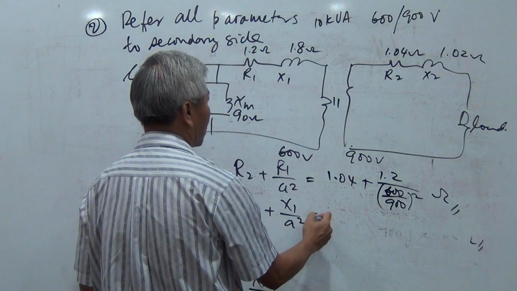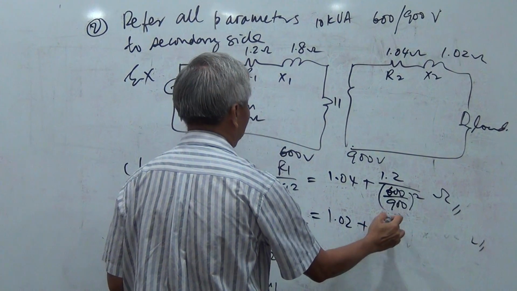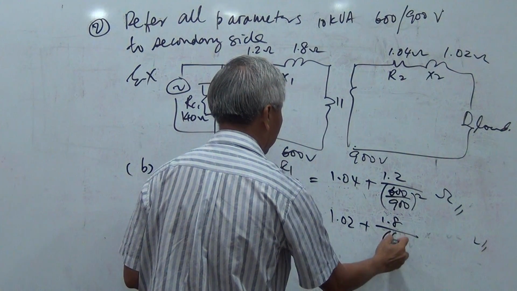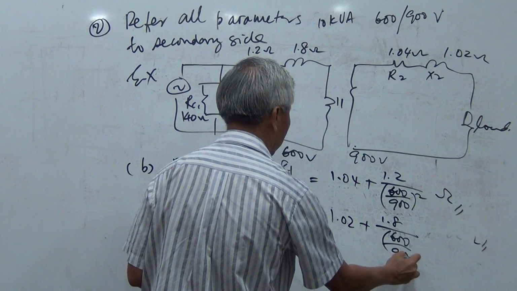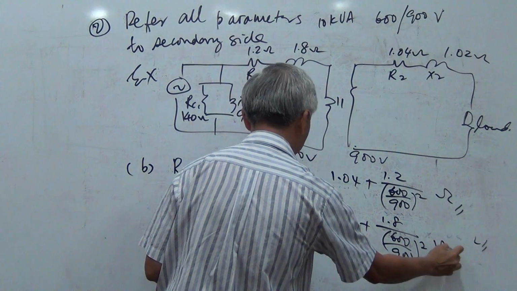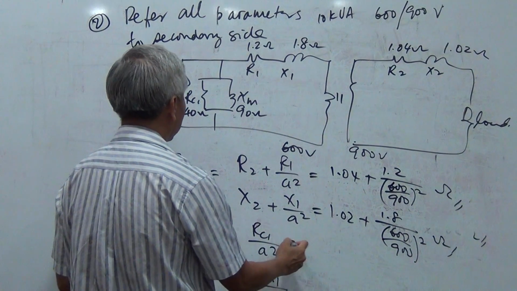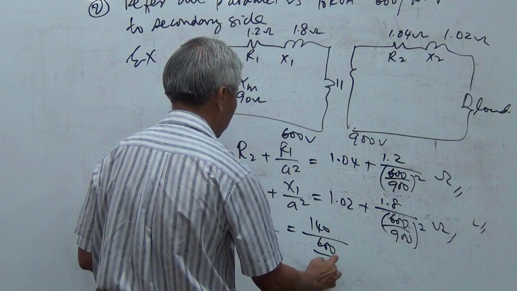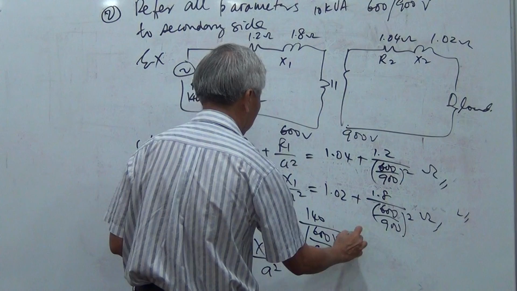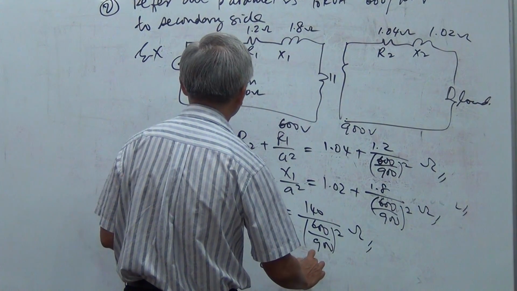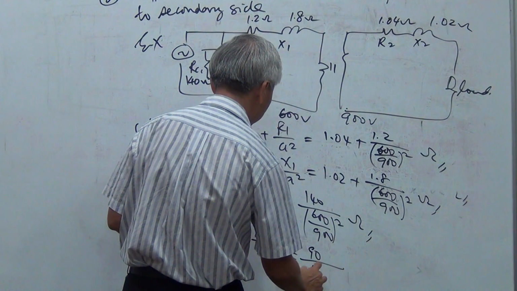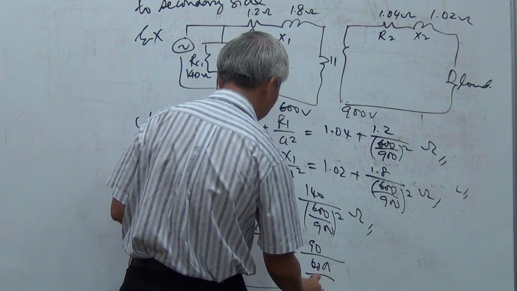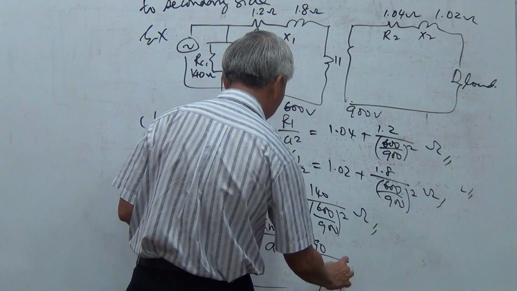And here X2 is 1.02 plus 1.8 divided by 600 over 900 squared. And here will be 140 divided by A squared. And this will be equal to 90 divided by A squared.